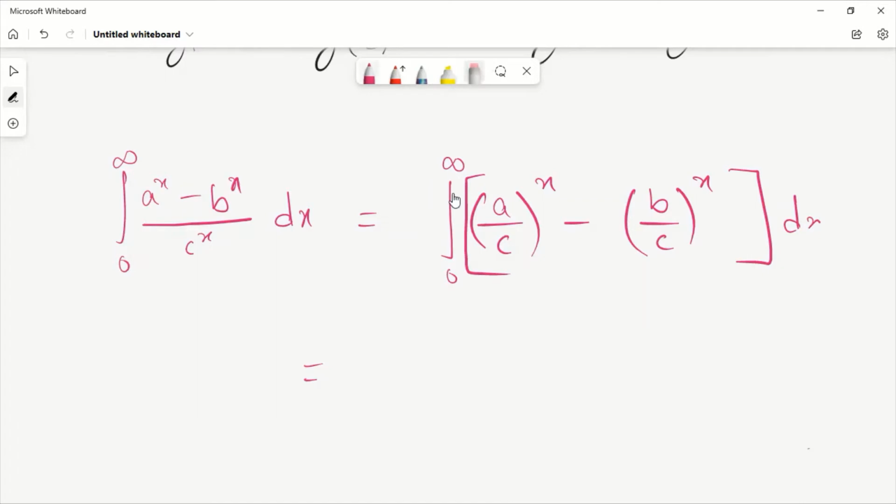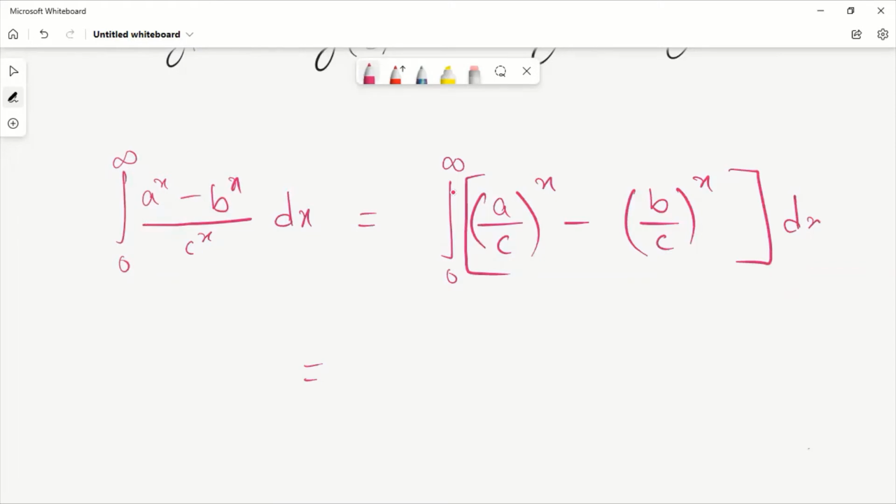Integrating a power x gives a power x by log a. Similarly, consider a by c and b by c as one variable each.